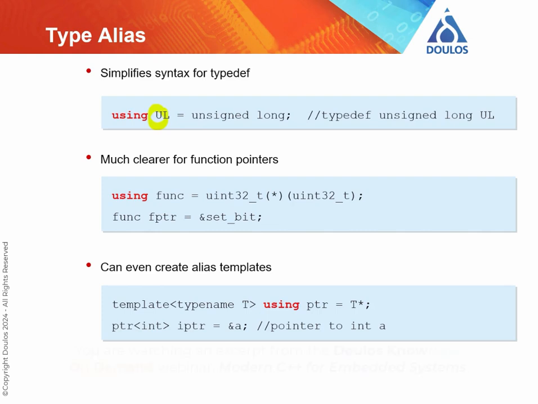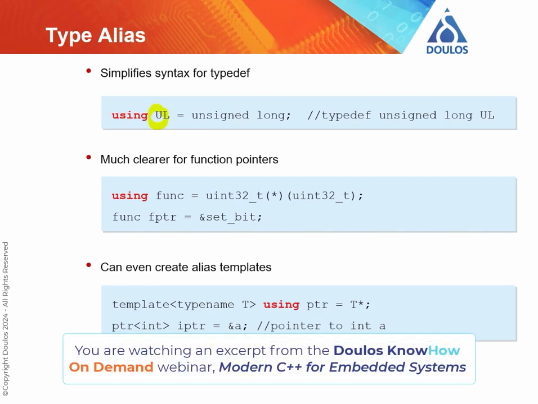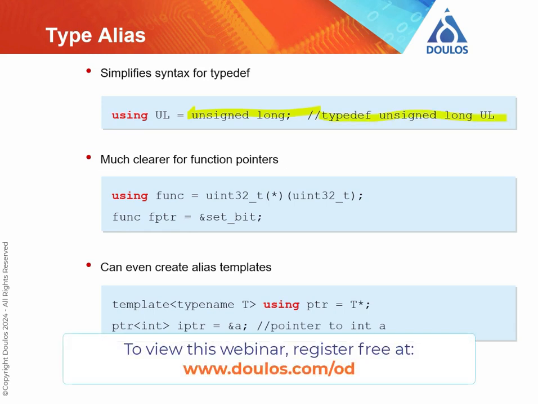And on the other side of the equals, we've got the actual type itself. So here UL is going to represent an unsigned long, so it's equivalent to if we'd written a typedef unsigned long UL. So it's not a big advantage in that case, but it does make it a lot clearer when we've got complex type declarations.